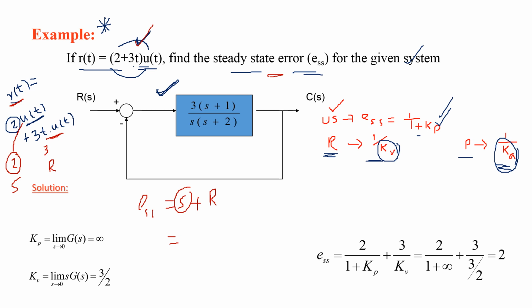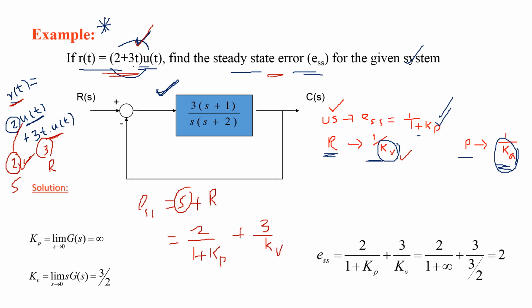But here the step signal has magnitude 2, so we have 2 by 1 plus Kp due to the step input. Similarly, the steady state error due to the ramp is 1 by Kv, but here the ramp signal has magnitude 3, so we have 3 by Kv. That is the steady state error value due to this input.